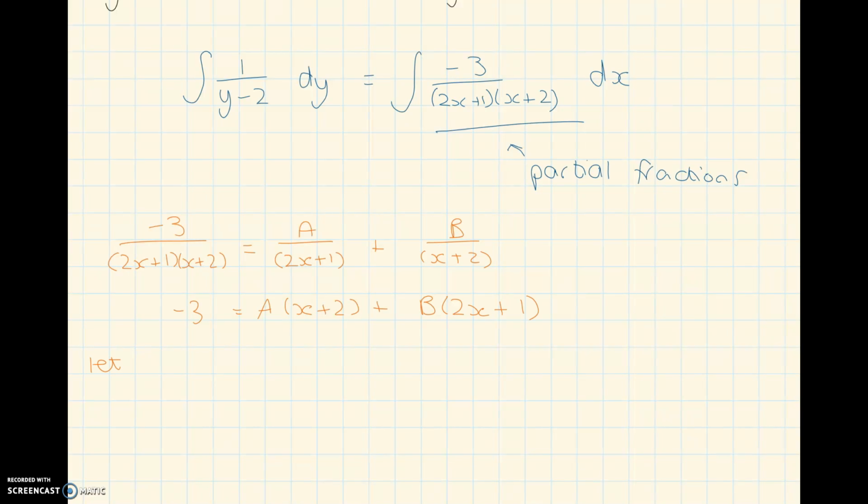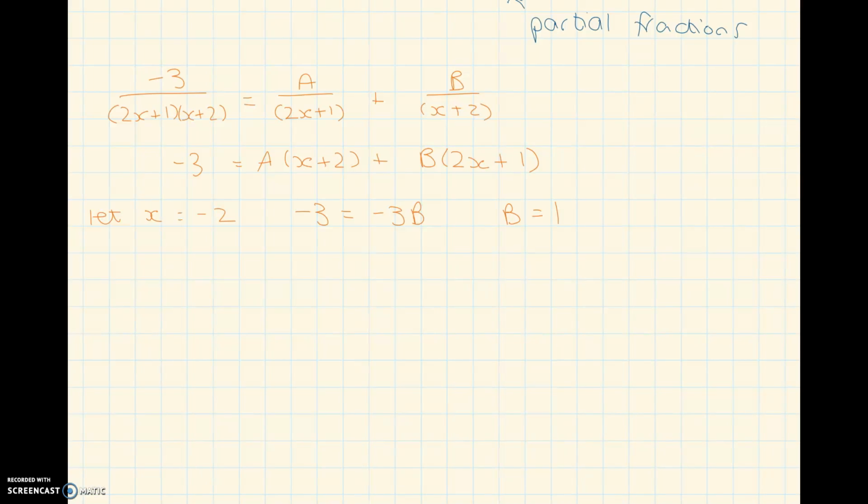If I let x equal minus 2, I'll have no A's because that bracket would be 0, minus 3 B's, so B must equal 1. And if I let x equal minus a half, I get minus 3 equals A times 1.5, or 3 over 2 A. So I get A equal to minus 2.